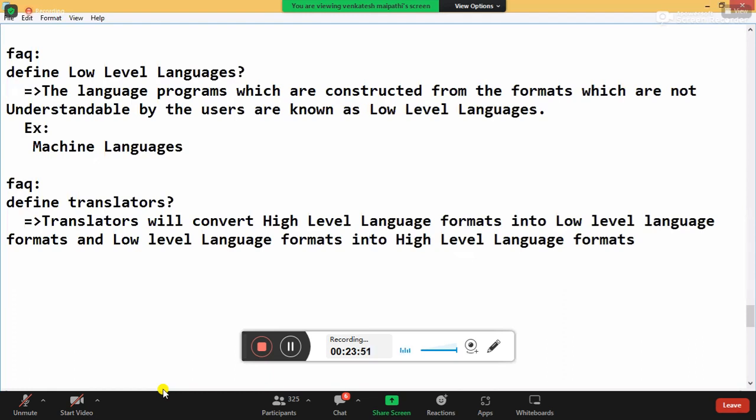These translators are categorized into two types.